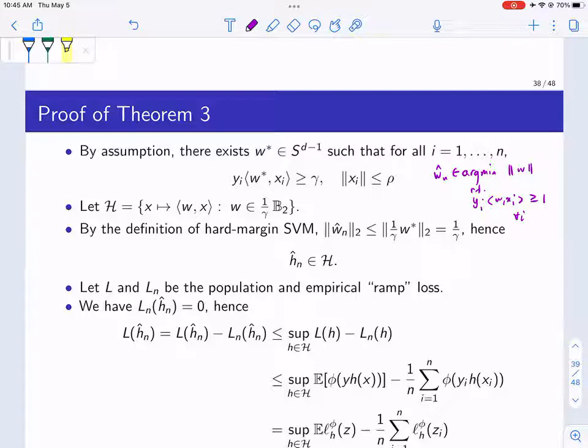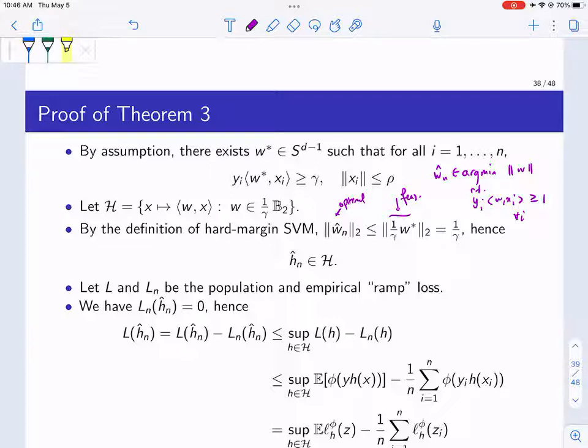So W star divided by gamma is feasible. And this is saying that among all the feasible W's, this is the one that minimizes the norm of W. So the norm of this has to be less than that. This is optimal, and this is feasible. So I get that.